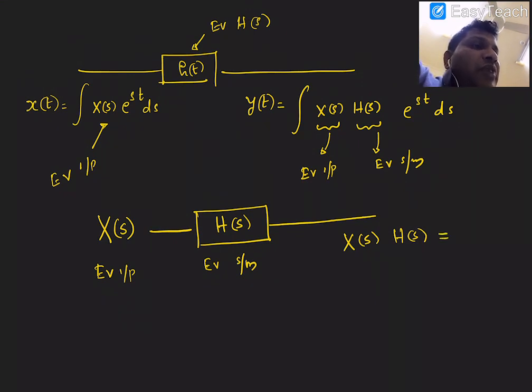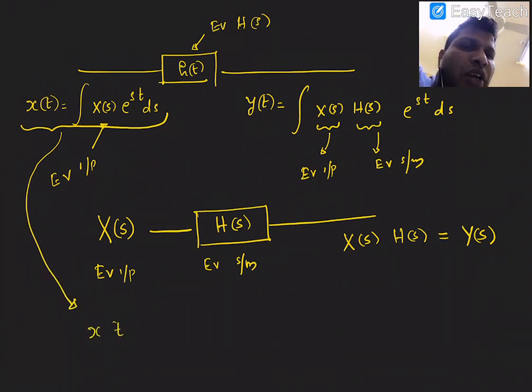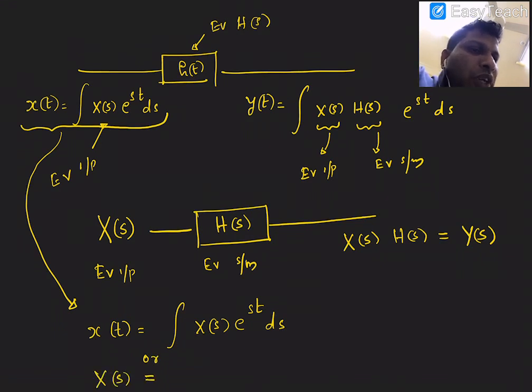So this we will define as y of s. Now we can define this term x of t. You see here our x of t is actually x of s into e power st, or I can define my x of s. Actually I am not going to prove it here, maybe we will discuss it in another video.